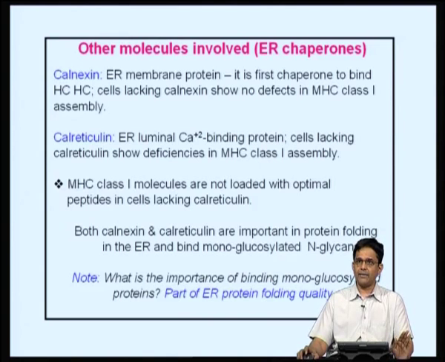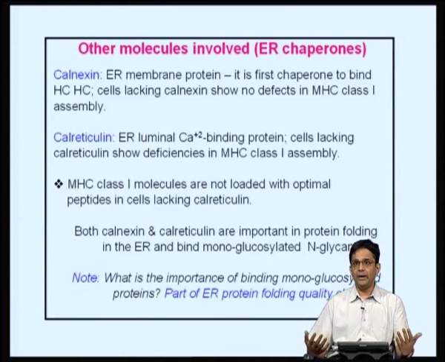Calnexin and calreticulin are certainly not primarily associated with the MHC class 1 pathway, but they play a role in protein maturation in the ER, and as a consequence they are also involved in the MHC class 1 assembly pathway.